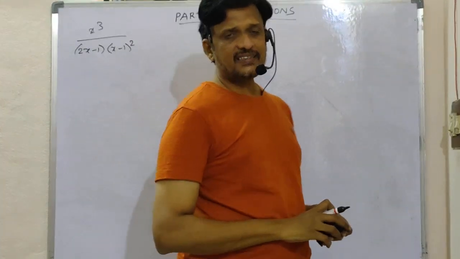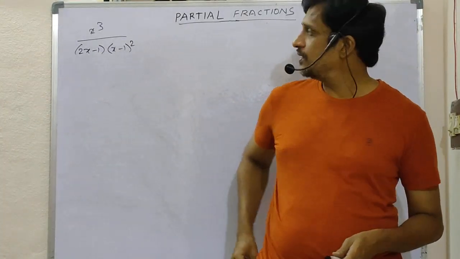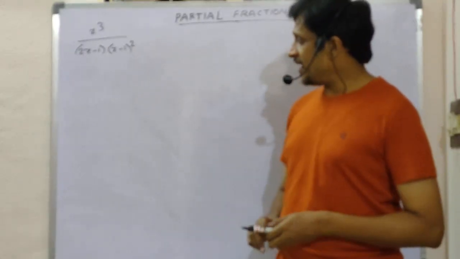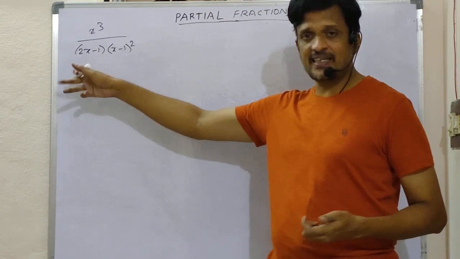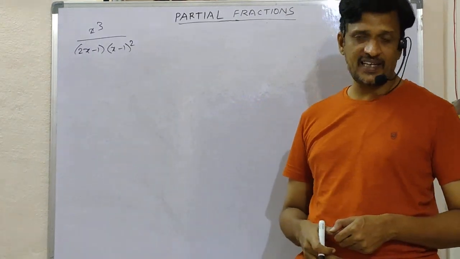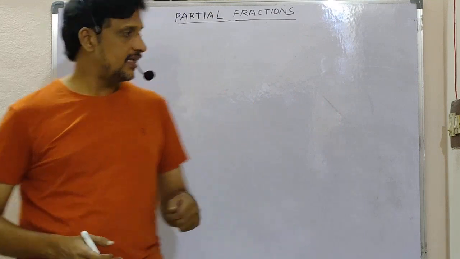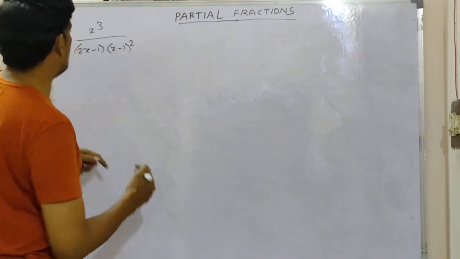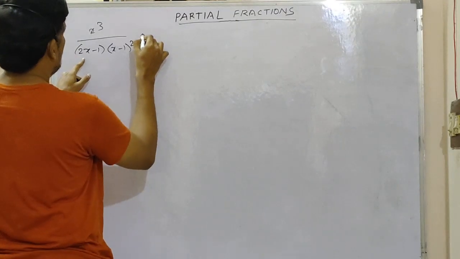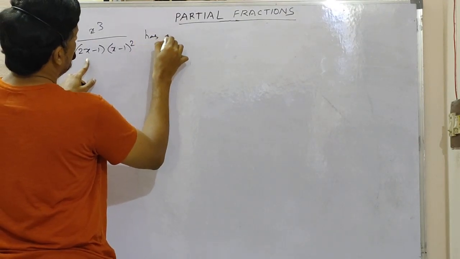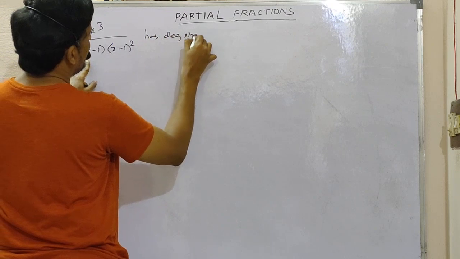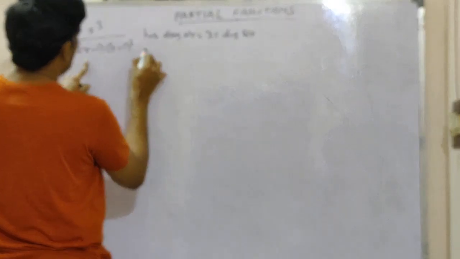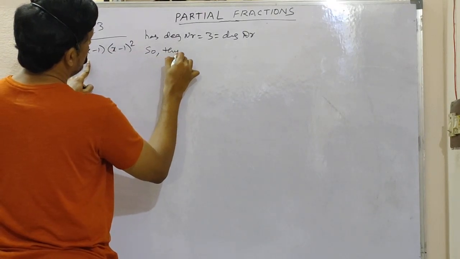We have to write this as the sum of partial fractions, where the numerator is of degree 3 and the denominator is of degree x square into x gives x cube, that is also of the same degree 3. So here it is improper, but there is no need to write the division, directly you can write the quotient. The degree of numerator 3 is equal to the degree of denominator. So this is an improper fraction.